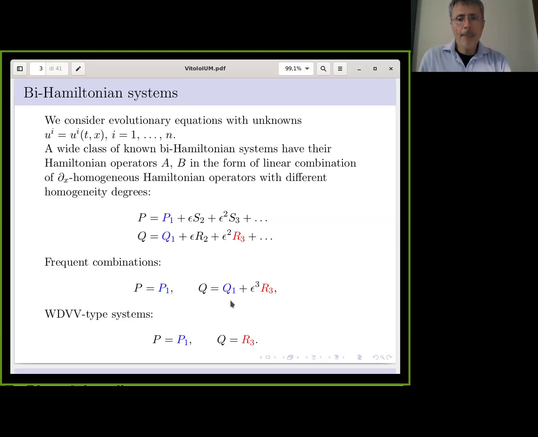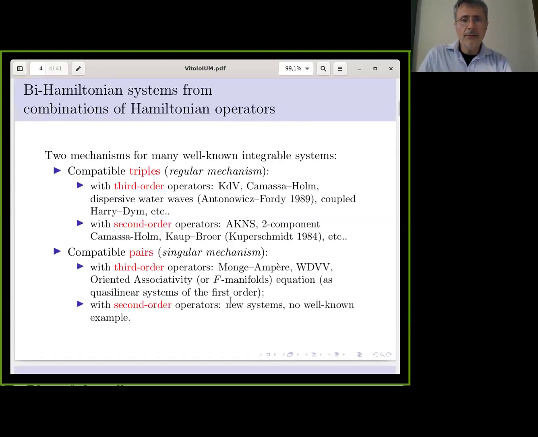A kind of singular class in the set of all integrable systems. It is singular in the following sense. Let us have a deeper look at how many examples we have in the case of compatible triples of Hamiltonian operators and compatible pairs of Hamiltonian operators.